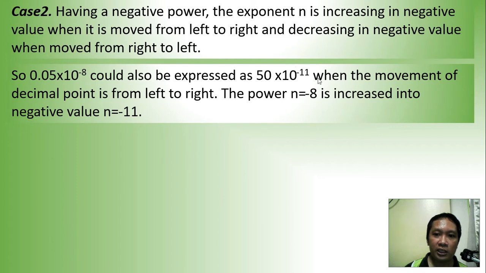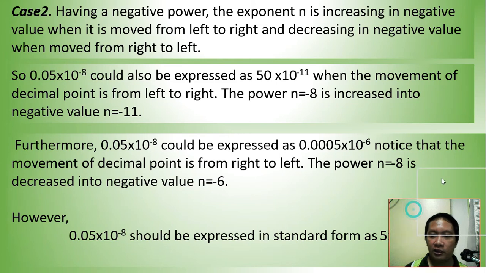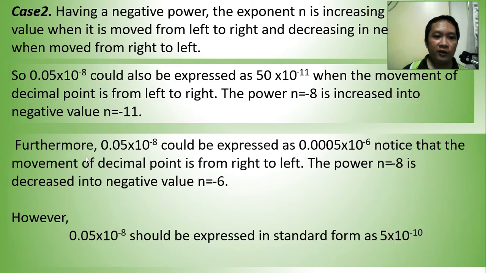Because of the movement, the power negative 8 becomes negative 11. I hope that you could consider this, and you could also practice this at home. Furthermore, the same value 0.05 times 10 to the power of negative 8 could also be expressed differently, supposing it moved to the other side.